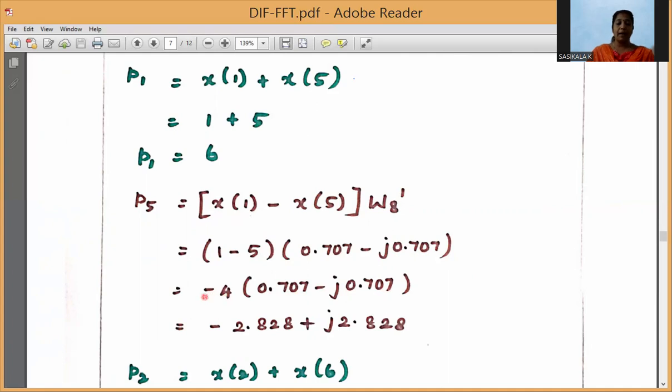Minus into plus, minus 4 into 0.707 becomes 2.828. Again, minus into minus becomes plus, so you have the imaginary term. Put the imaginary term j as it is, and 4 into 0.707 becomes 2.828. So P1 is equal to 6 and P5 equal to minus 2.828 plus j 2.828.